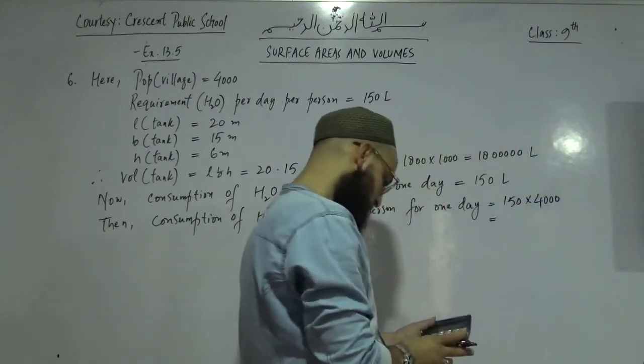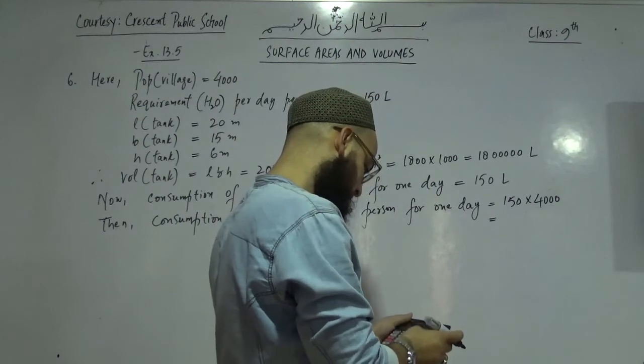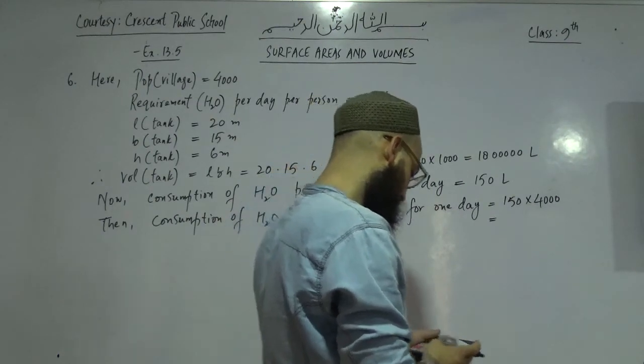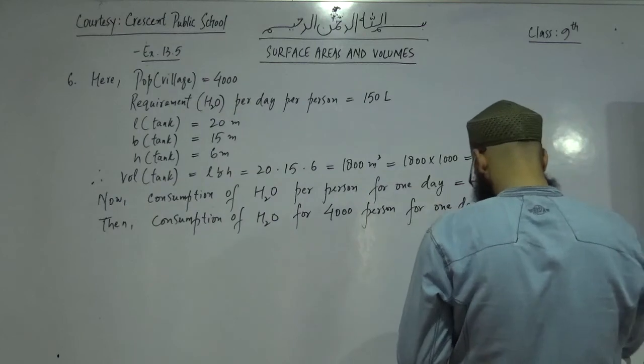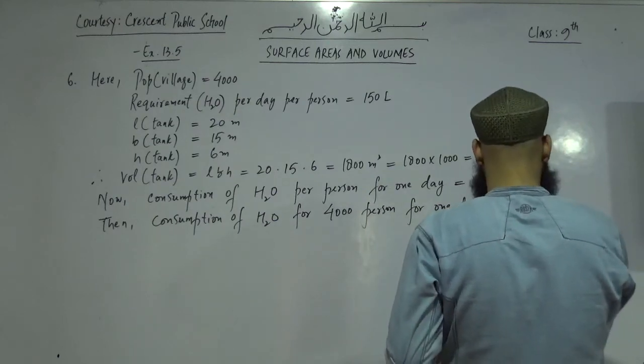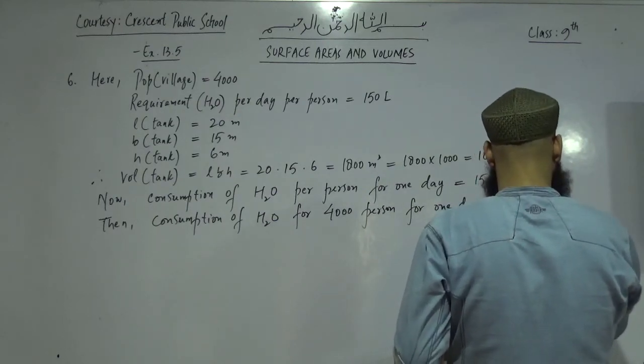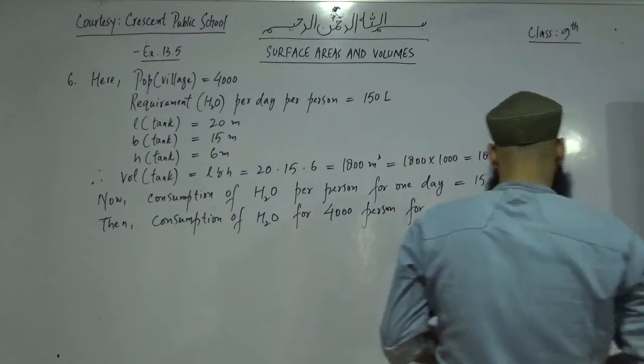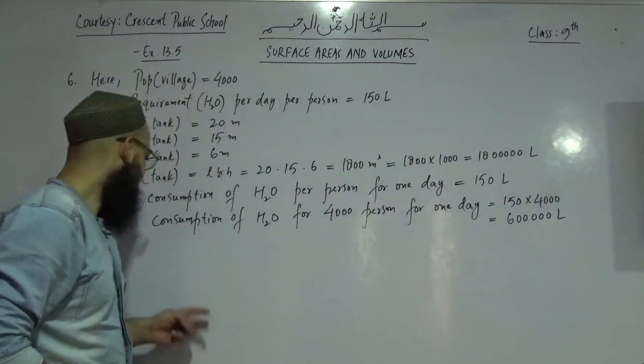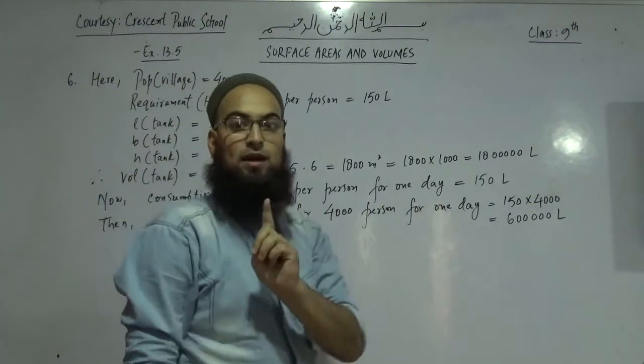And that is how much? 150 times 4,000 is 6 lakh. 6 lakh liters is the total consumption for one day.